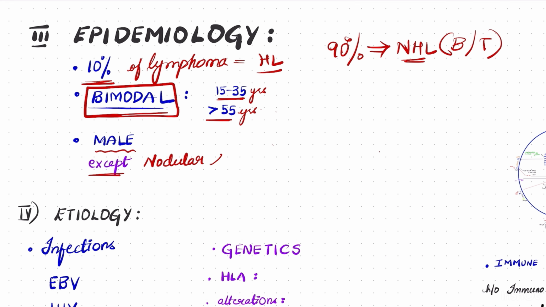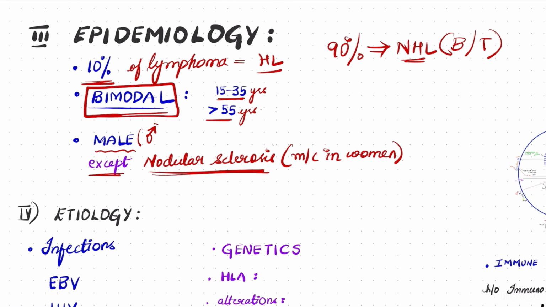The nodular sclerosis variant of Hodgkin's lymphoma is most common in women. Except nodular sclerosis, all other Hodgkin's lymphomas are more common in males.